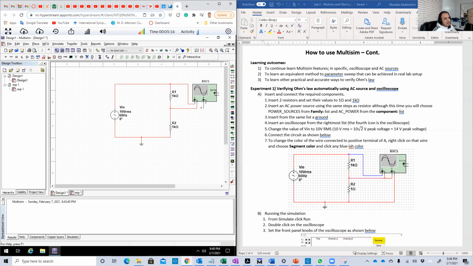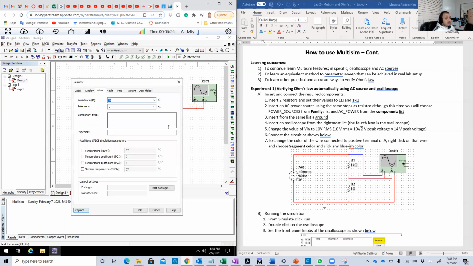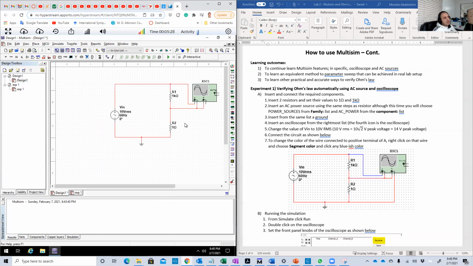Channel B should measure the current, or the voltage, of R2, and R2 is equal to 1 ohm. Oh, we didn't change it, so let's change it to 1 ohm. Sorry about that. Now the voltage of R2 will be on channel B, because its 2 terminals are the 2 terminals of R2, and R2 is equal to 1 ohm.